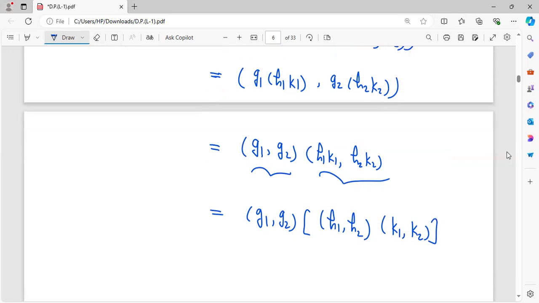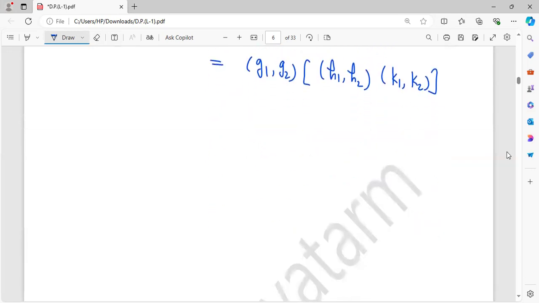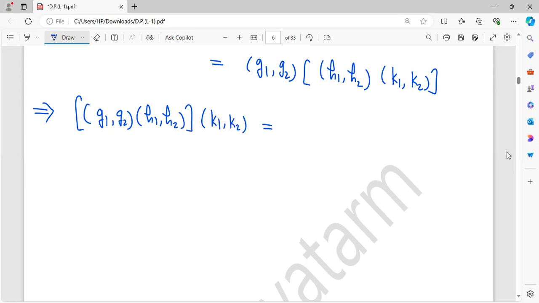Okay. So this implies ((g1, g2)(h1, h2))(a1, a2) is equal to (g1, g2)((h1, h2)(a1, a2)).